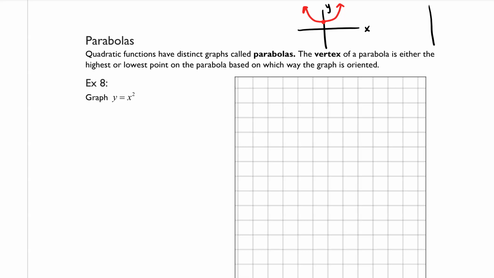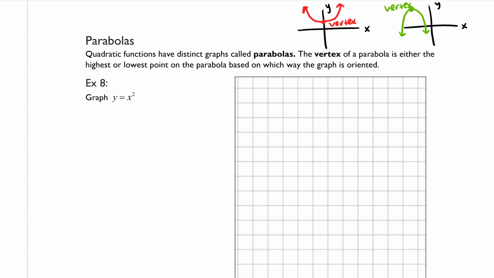Now, in other scenarios, here's my xy plane, I might have a parabola that is oriented downwards, and so this point right here would be the vertex, and it would be the highest point. So that's the vertex there, and then this one is the vertex here. So it just depends on which way it's oriented.